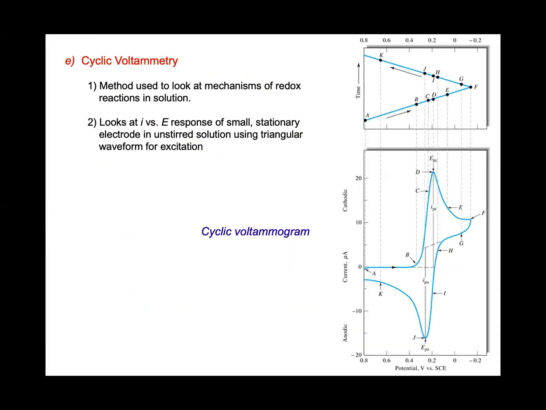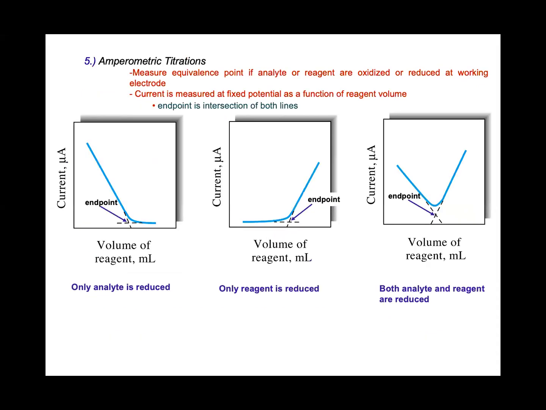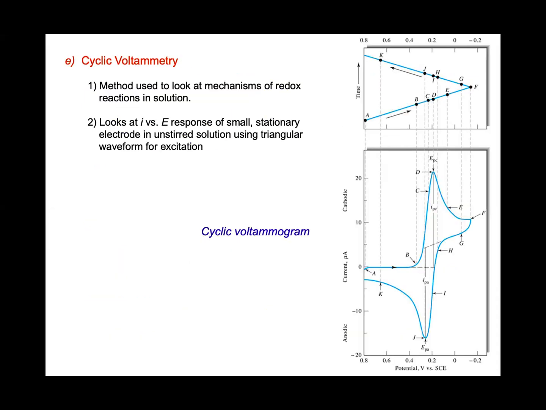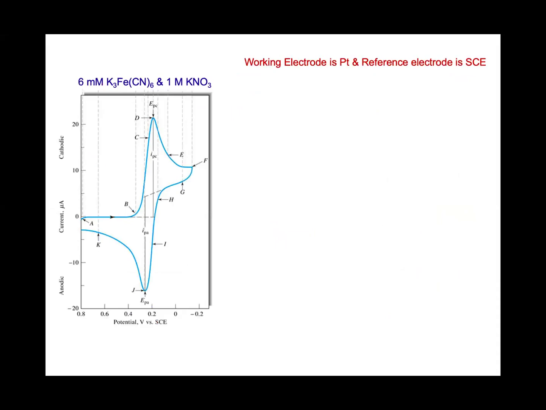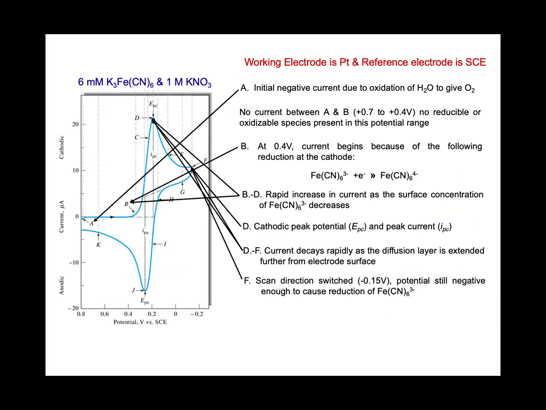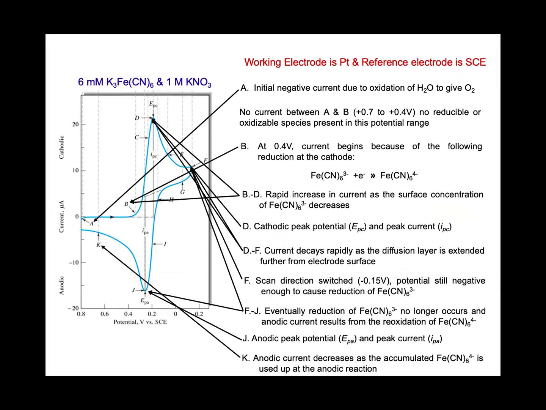They serve different purposes, as to when we use cyclic voltammetry, when we use DPV, when we use amperometry. These three, amperometry, pulse voltammetry, and cyclic voltammetry, are commonly used in biosensor or chemical sensor development. This is just to share some information, but I don't want to discuss this.